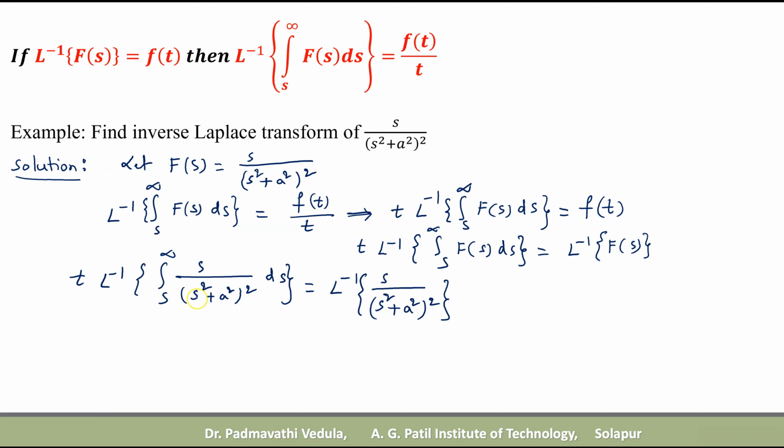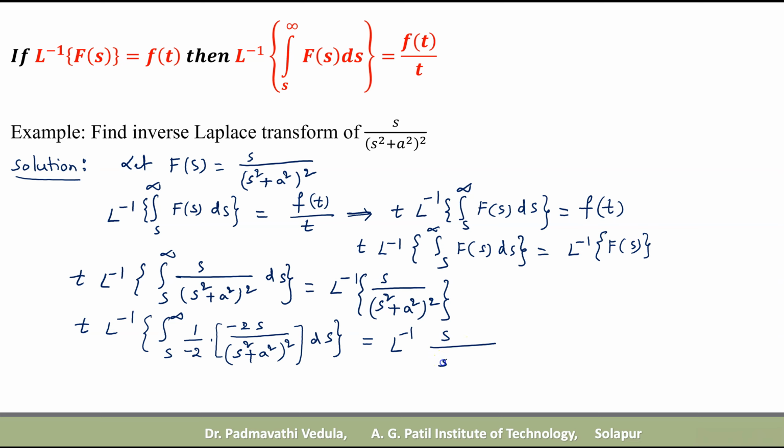Now before integrating this expression, we can make one adjustment: L inverse of integral s to infinity 1 by minus 2 into minus 2s by (s square plus a square) whole square ds. Here I have multiplied and divided by minus 2, which equals L inverse of s by (s square plus a square) whole square.